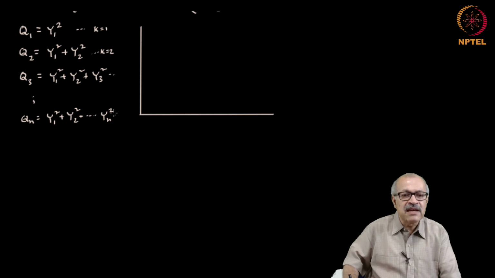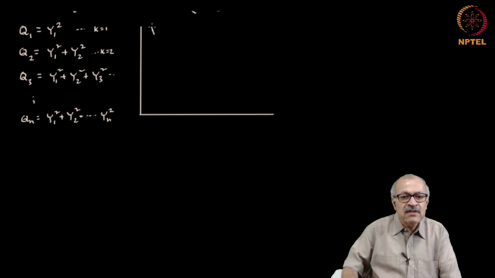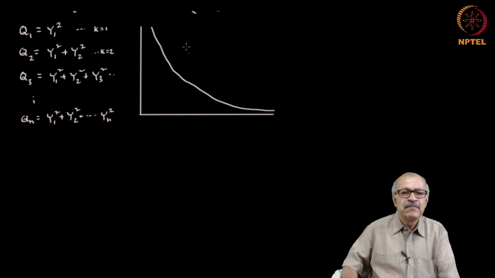You understand that this is k is equal to n. How many of these are there, that signifies the degrees of freedom. Here we are plotting that, and we are now trying to find out the frequency of that. We have already worked out the character of the first one, which is k is equal to 1. Its character was something like this. We have seen that. So, that is k is equal to 1.